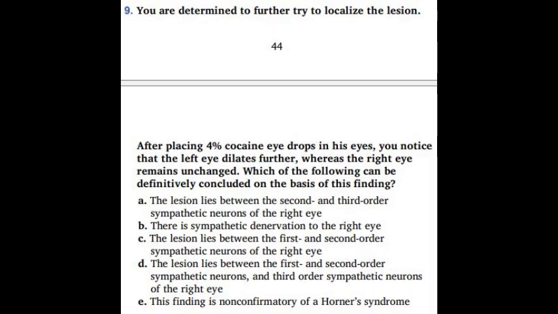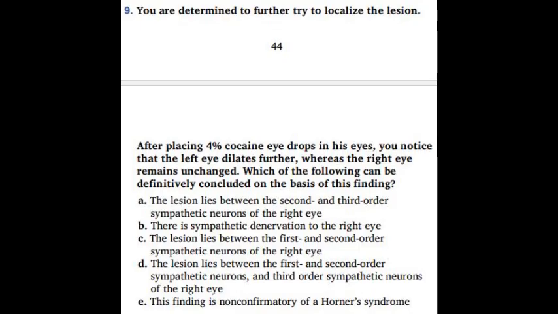A, the lesion lies between the second and third order sympathetic neurons of the right eye, that is false. B, there is sympathetic denervation to the right eye. Let's keep that. C, the lesion lies between the first and the second order sympathetic neuron of the right eye. That's wrong.